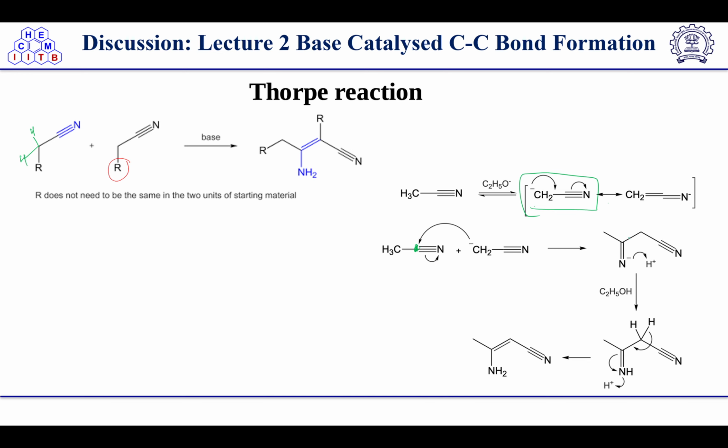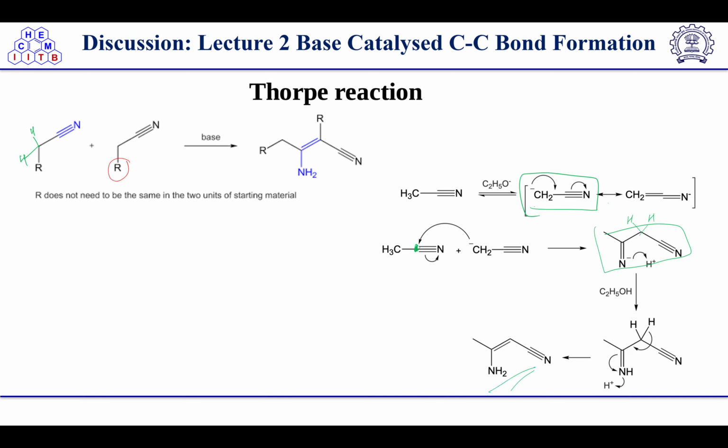Pi bond breaking will take place, and it will form an intermediate which will look like this. After getting this intermediate, it will take up the proton, and again proton abstraction will take place in the presence of base. Here we have two protons. Proton abstraction will take place, and it will give you a condensed product. The double bond will come over here.